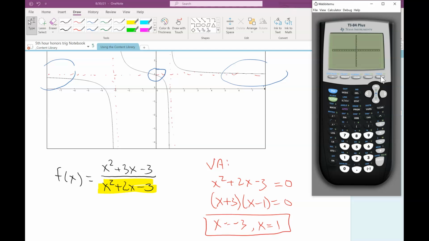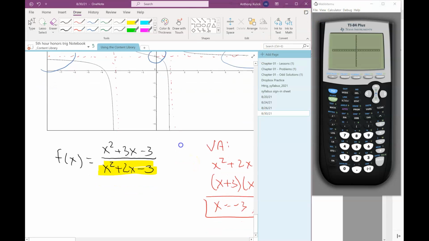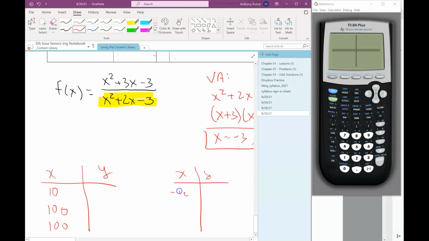So I'm going to look at some specific values of my function, for some specific x's getting progressively larger, and see if both ends of my graph, like the asymptote, kind of agree.